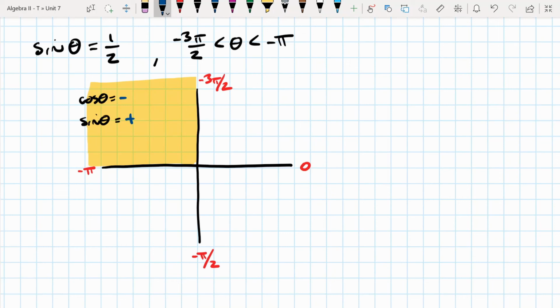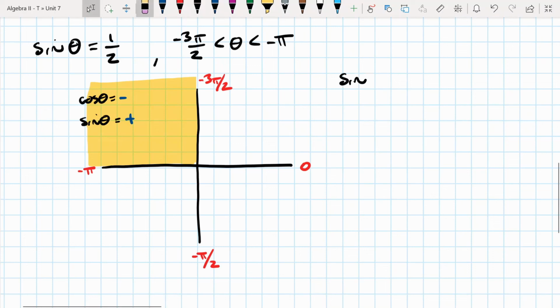Okay, so recall that because we're going counterclockwise or clockwise around the circle, the theta values are negative here. Okay, so this is negative 90 degrees, negative 180 degrees, negative 270 degrees. So we're in between these 2 points, which means that our answer, well, the cosine value before we get our answer is going to be negative.